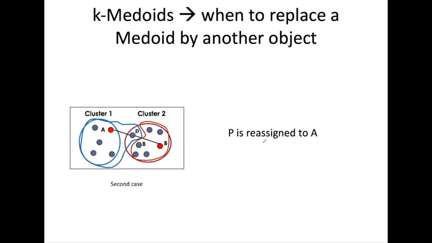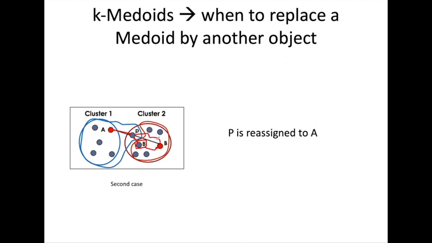Now, but in other cases, we will have to change the configurations. Okay, again, this blue B is going to be the current Medoid, but we want to explore if we want to replace this with the red one. Now, if we apply that change, we will be seeing that before this distance here was better than the distance that we have to the representative point of cluster 1. If we update this change and we change this point with this new one here, we will be seeing that the new distance is going to be worse.